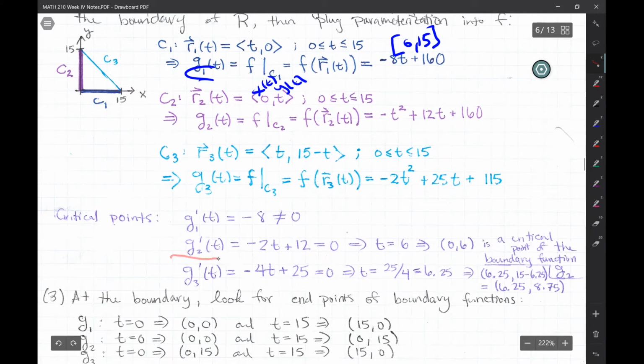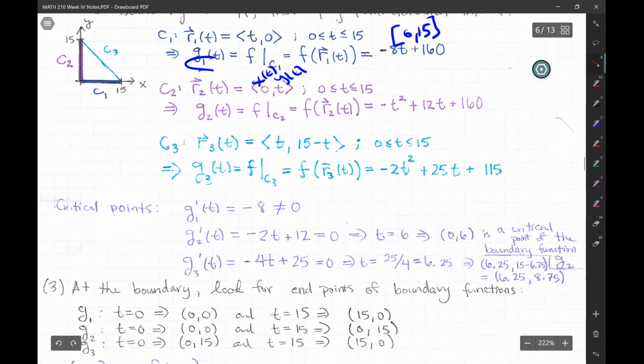We take the derivative of G2, we get t equals 6. And so that means (0, 6) is a critical point of the boundary function, not the actual function, but the boundary function. Okay, and how did I get, you might be thinking, well, you only found 6 there. How did you get the 0? Well, recall that our parameterization of C2 was (0, t). So t equals 6, but this x is going to be 0, and that's where that's coming from. We are dealing with the function on the second curve.